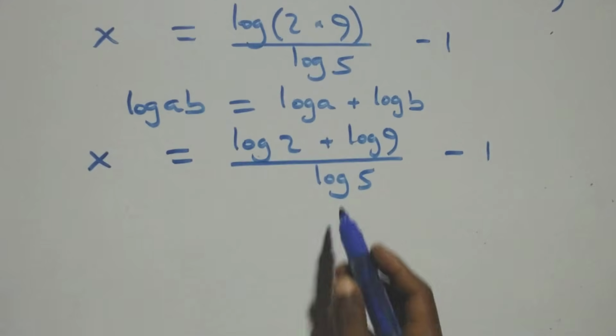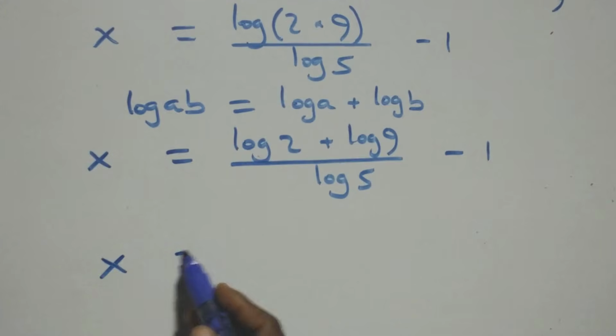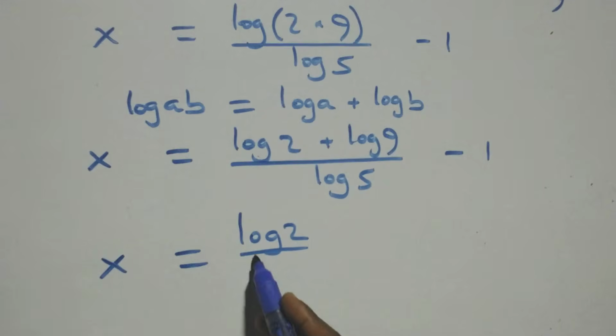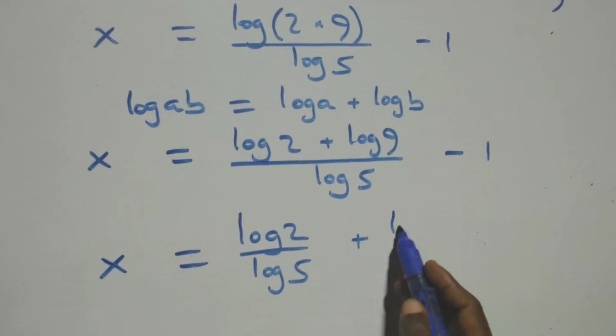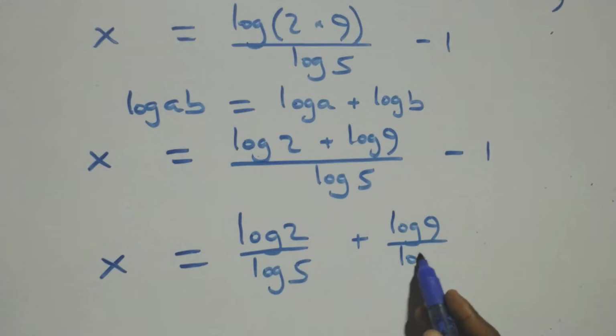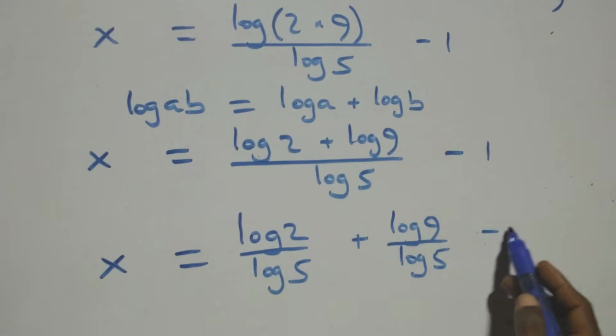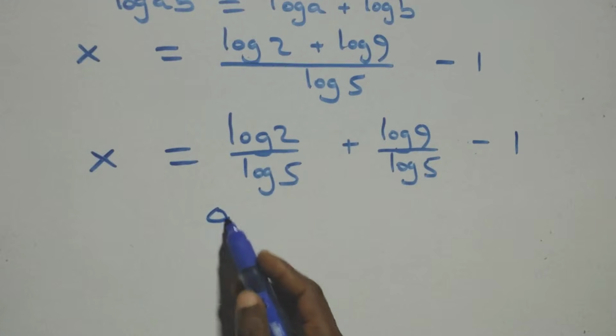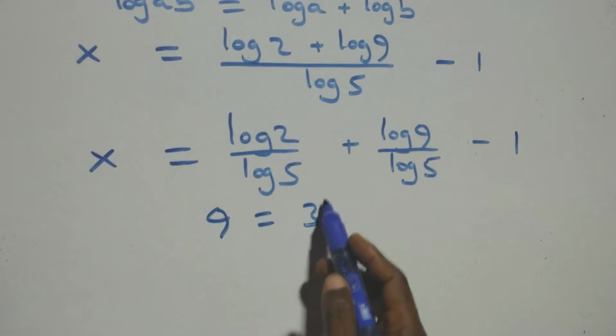Also here we separate this into two fractions. We have x equals log 2 over log 5 plus log 9 over log 5 minus 1.